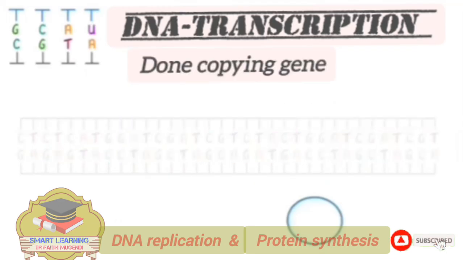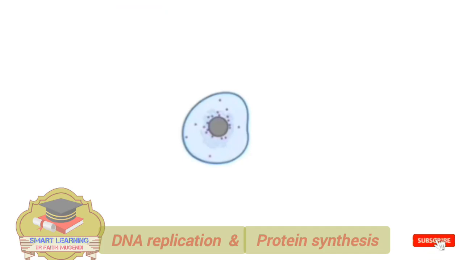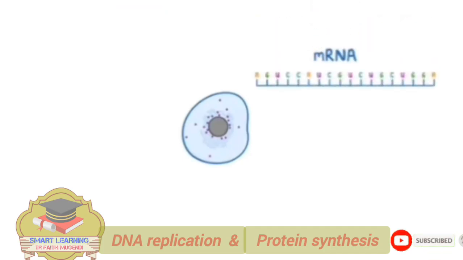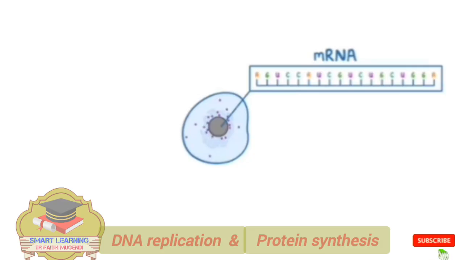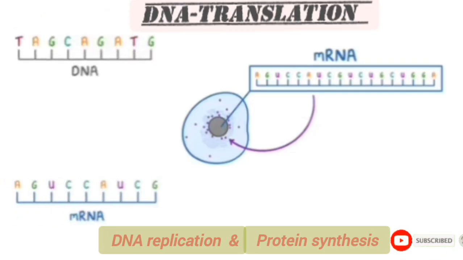Once done copying the entire gene, the messenger RNA strand detaches and is free to leave the nucleus, heading to the ribosomes. When the messenger RNA leaves the cell nucleus, it gets attached to the ribosomes, which translate the instructions in messenger RNA, a process known as translation.